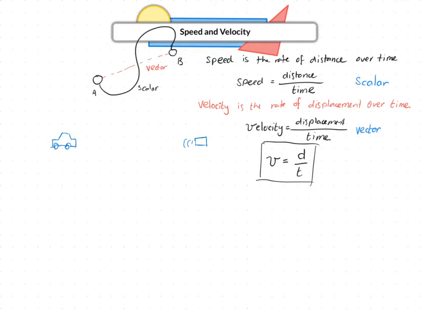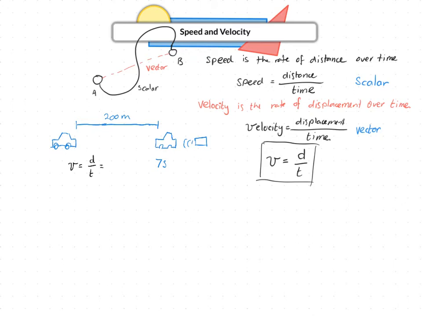That camera can tell that this car drives, let's say, 200 meters from point A to point B, and it takes, let's say, 7 seconds to do that. What is the speed of that car? To calculate the speed of that car, we're going to use the equation v equals d over t.